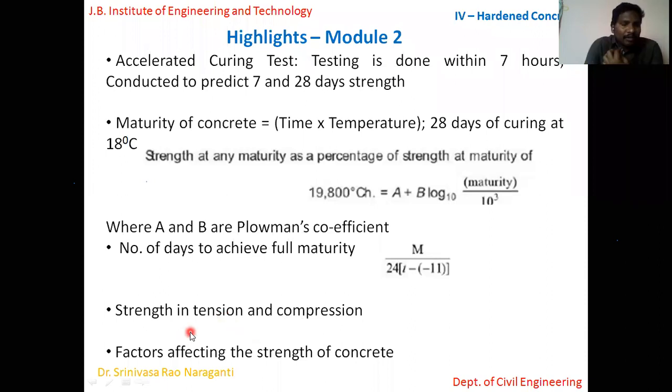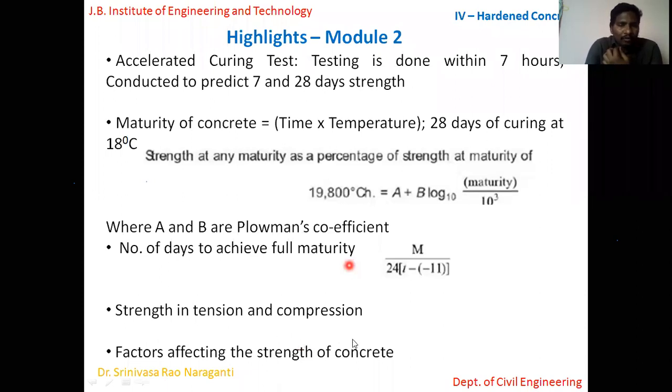Now, one more thing, the last thing we discussed, was the factors affecting the strength of the concrete. I said there are many factors affecting the strength of the concrete. When I say strength, we're basically talking about compressive strength of concrete. The factors we discussed were the water cement ratio or the ratio of cement to aggregates, basically the gel space ratio.